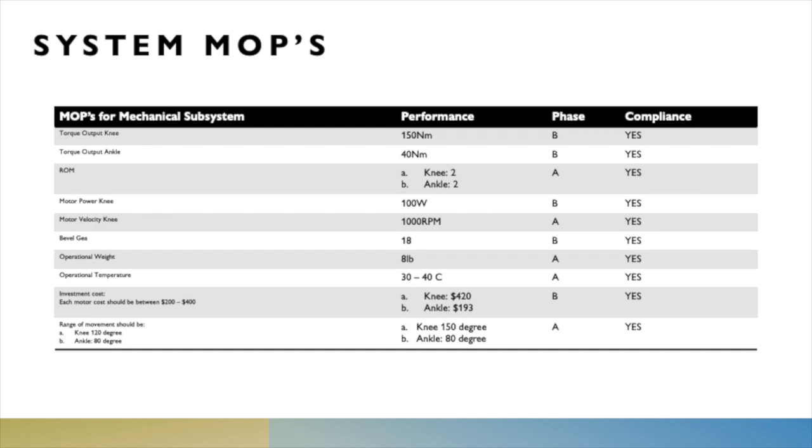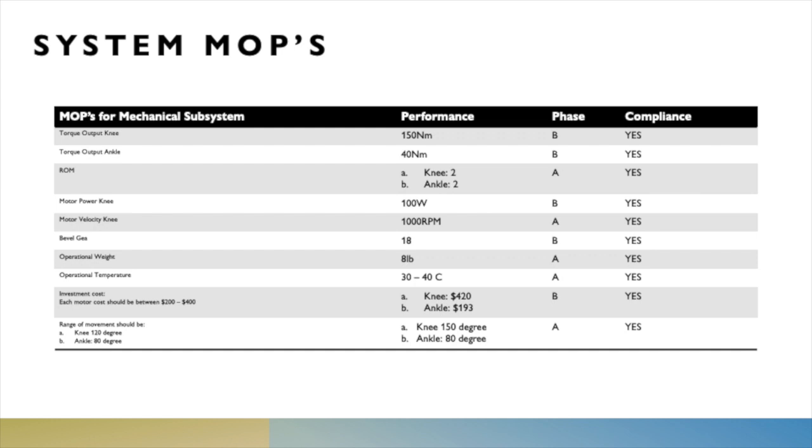Range of movement: the knee has 150 degrees max, 80 degrees max for the ankle. A motor power of the knee should be 100 watts, and the motor velocity should be 1,000 RPMs. Bevel gear fits should be 19.